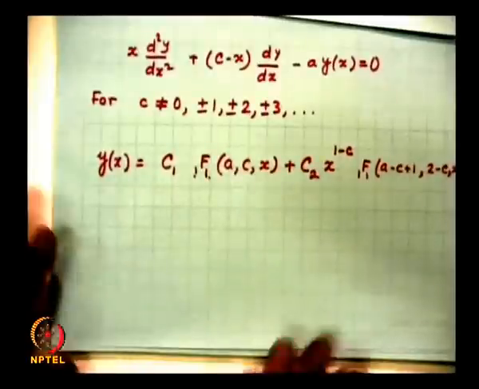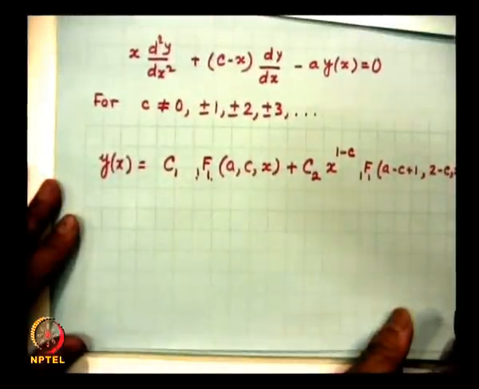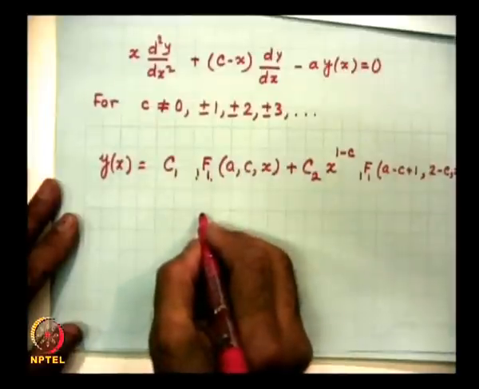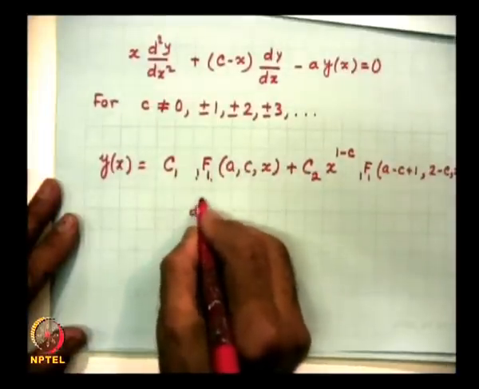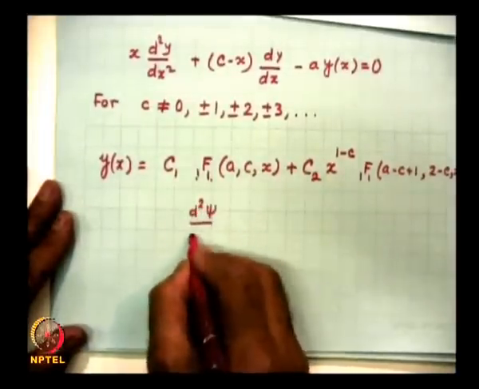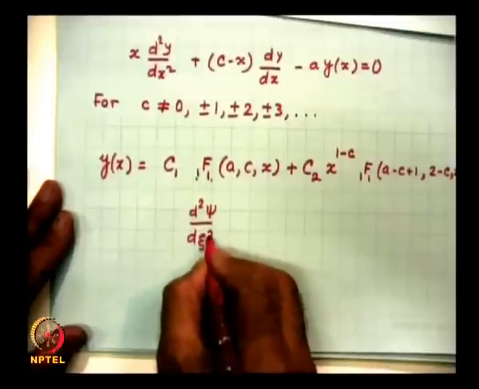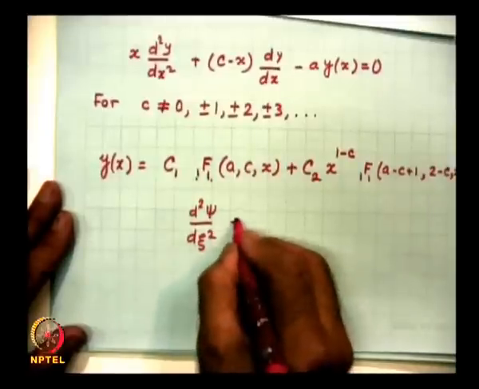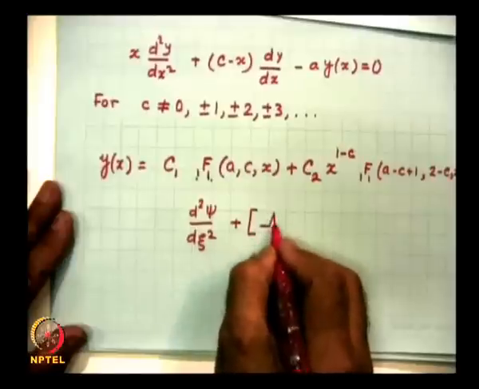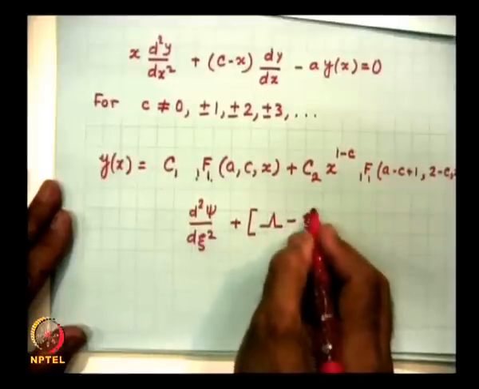What we will do in our next lecture is that, you remember that we had the equation like this: d2 psi by d xi square. The Schrodinger equation was given by lambda minus xi square.